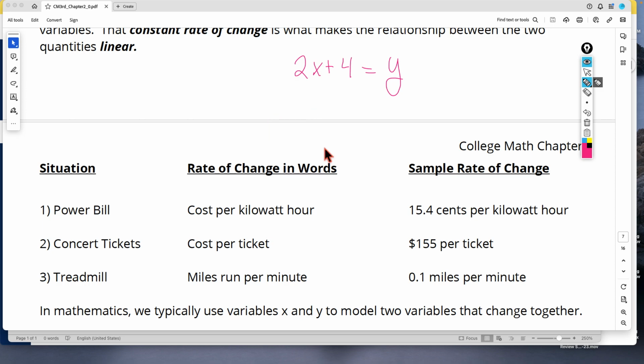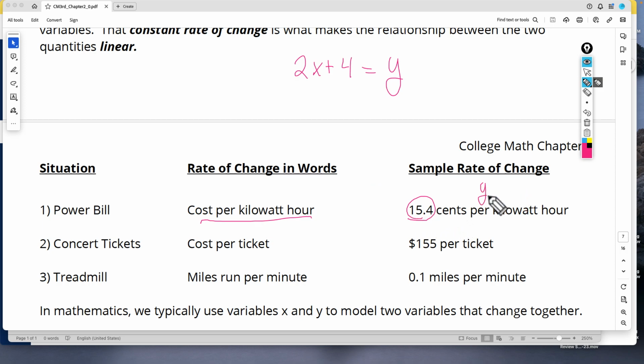Okay. So this comes from situations like on our power bill. We have things like cost per kilowatt hour. We know the more hours I use electricity, the higher the cost is going to be, right? 15.4 is going to be what I multiply by, right?